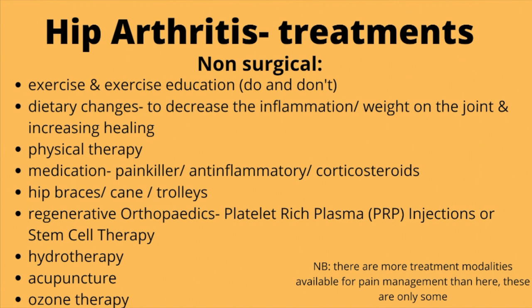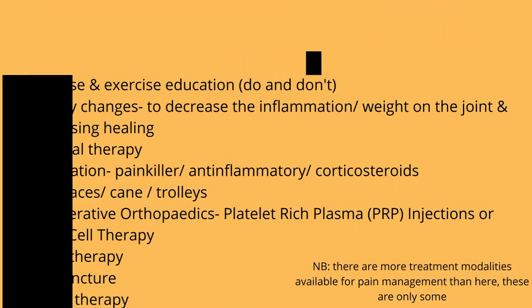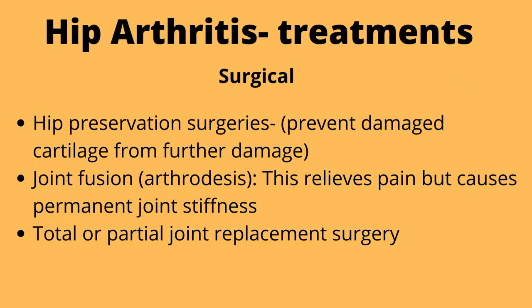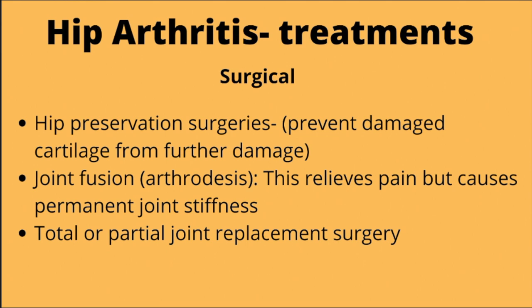And then there is also regenerative orthopedics. These are things like platelet-rich plasma injections or stem cell therapy. Then there is hydrotherapy, acupuncture, or even ozone therapy. And then we have the surgical treatments. These are usually three categories.